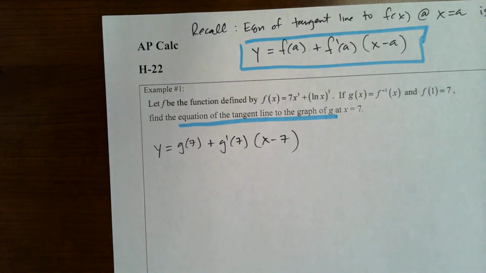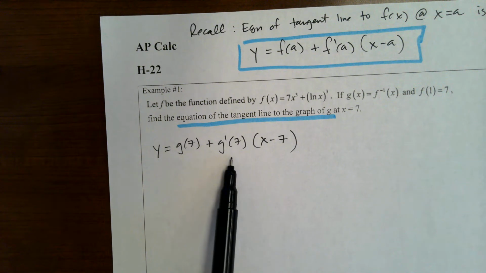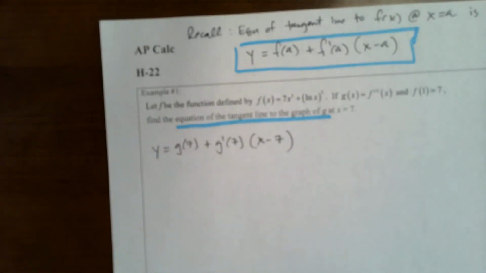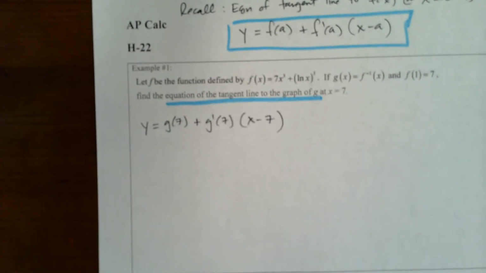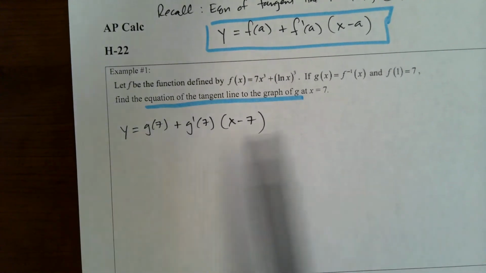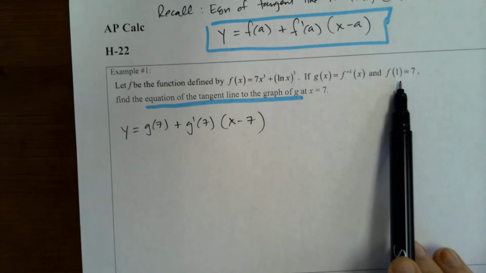So the two things that we need to find here are g of 7 and g prime of 7. Okay. Now, the fact that f and g are inverses is going to come into play here. It's going to help us find both of these things. It's going to help us find g of 7 because we know f of 1 equals 7.